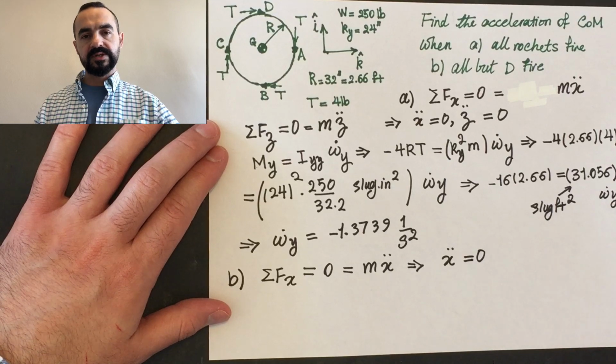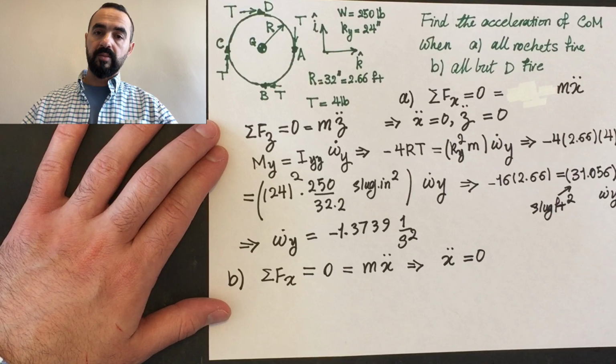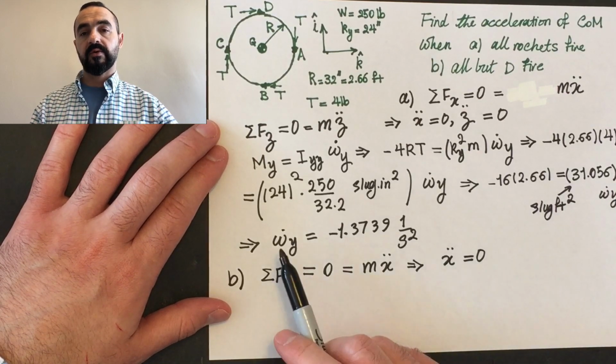We said that for rigid bodies, angular acceleration and angular velocities are the same throughout the body. So we do not specify the points because it's the same for all the points.